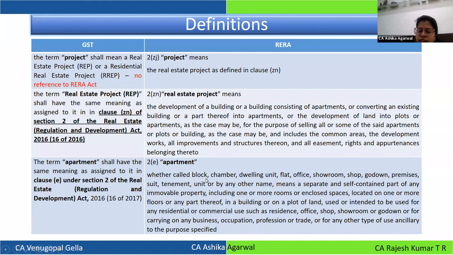It covers block, chamber, dwelling unit, flat, office, showroom, shop, godown, premises, suite, tenement, unit, or by any other means, as a separate or self-contained part of any immovable property, including one or more rooms, and includes space located on one or more floors or any part thereof in a building or on a plot of land, used or intended to be used for any residential or commercial use, such as residence, office, showroom, godown, or for carrying out any business, occupation, profession, trade, or for any other type of use ancillary to the purpose specified.